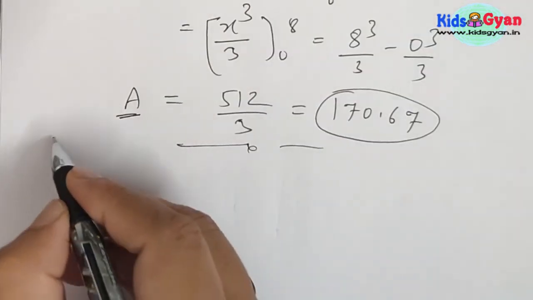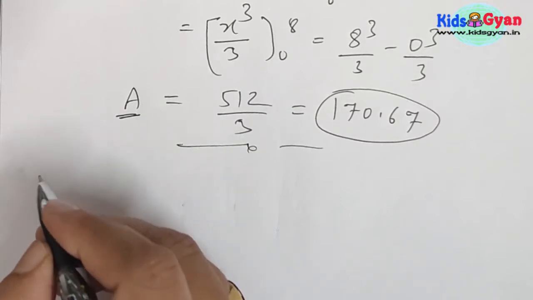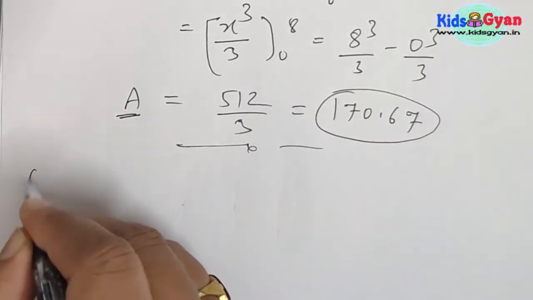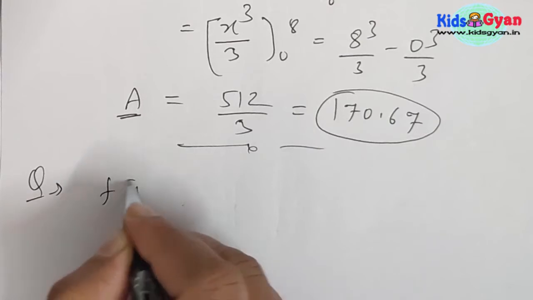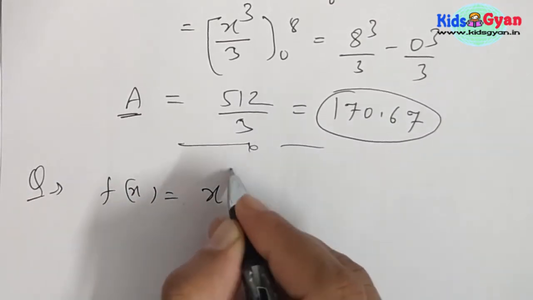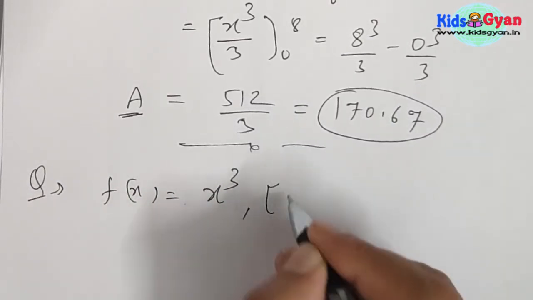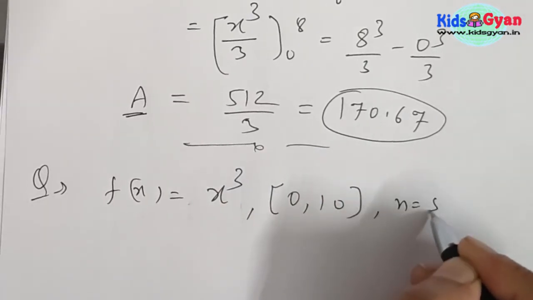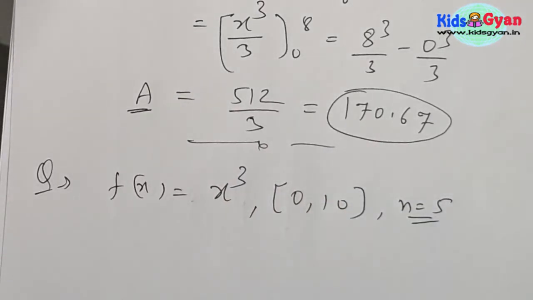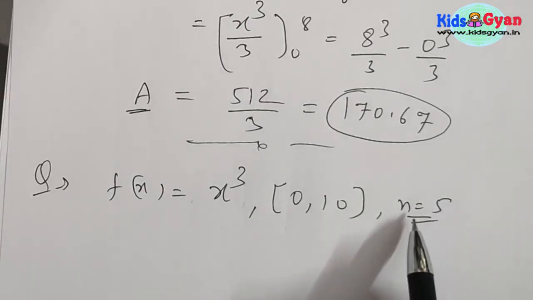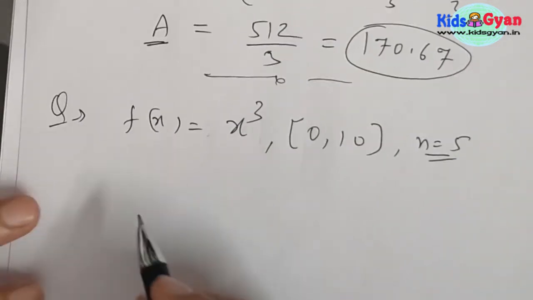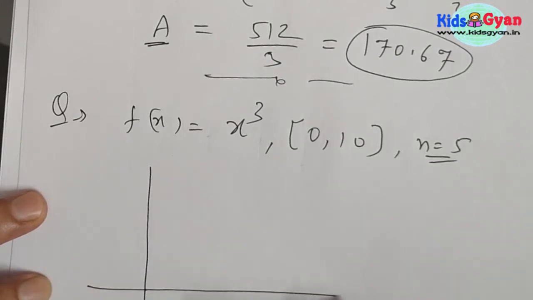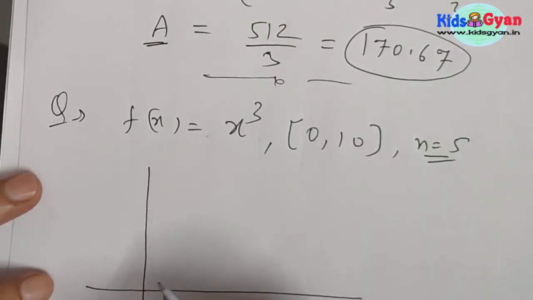Okay, now let us consider another example. Suppose your function is given here, f of x is equal to x cube in the closed interval 0 to 10 and sub intervals n is equal to 5. Your sub intervals वहाँ given है, n is equal to 5. Now again we draw a curve.